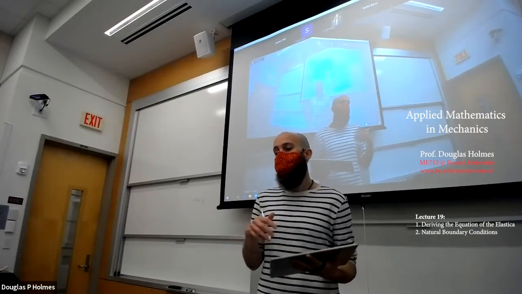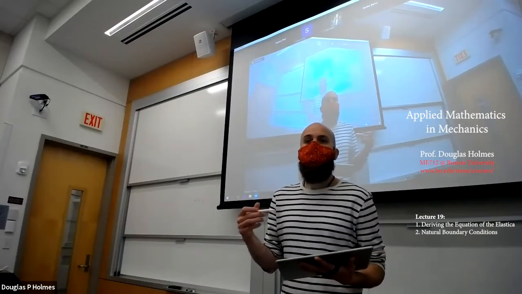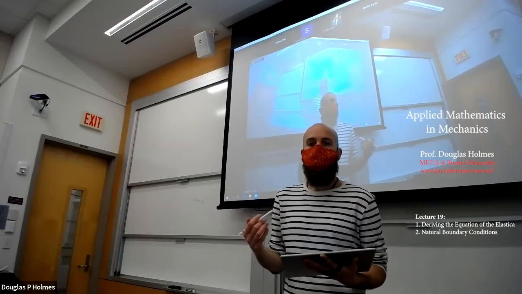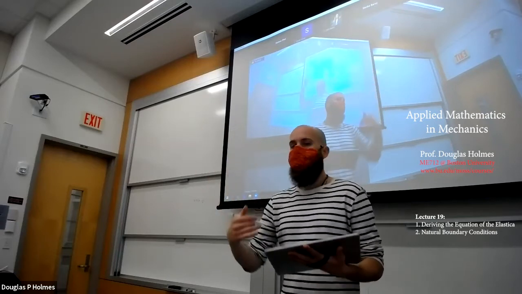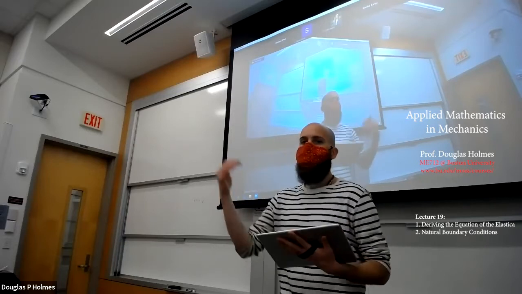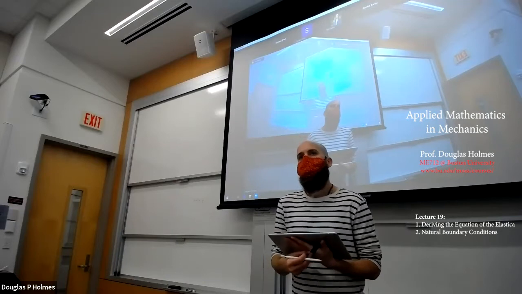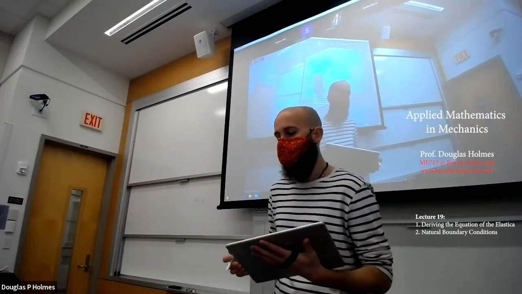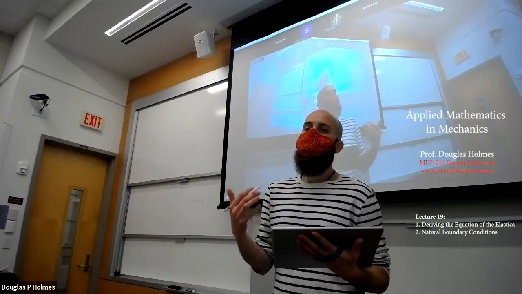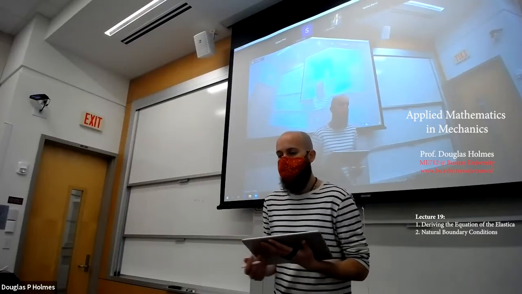I'm going to ask you to minimize it by not using the Euler-Lagrange equations. What I want you to do is start with the variational approach, which is perturb the quantity, do your integration by parts, get rid of the terms that need to vanish, arrive at your governing equations, and then look at and think about the terms that emerge through that integration by parts, describing what's happening at the boundary.